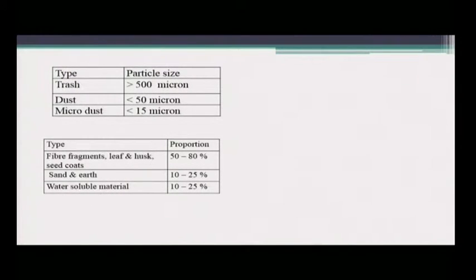Now, if we go by the size, then trash particles are more than 500 micron in size. Dust particles are those whose size is less than 50 micron, and microdust is less than 15 micron. So size wise, if we categorize them, the very large ones are known as trash, then dust, and microdust.